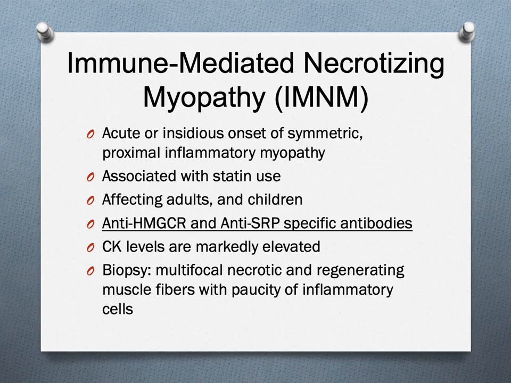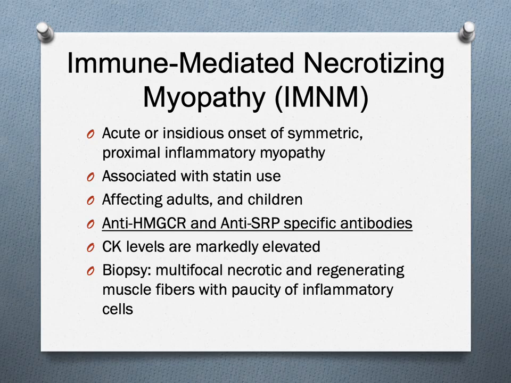So we have the immune-mediated necrotizing myopathy, which has an acute or insidious onset of symmetric proximal inflammatory myopathy and is usually associated with statin use, affecting older individuals. However, it may also be seen in younger individuals, even in children, without history of prior statin use.